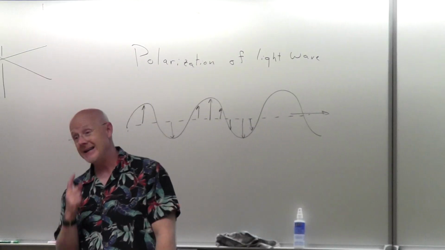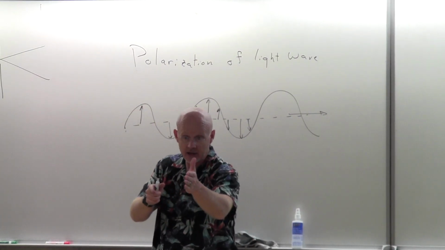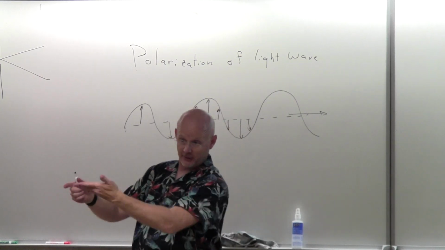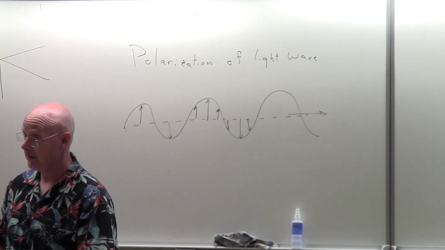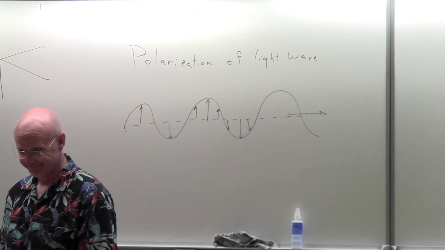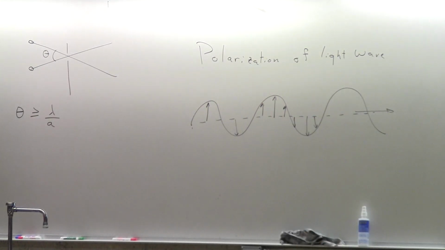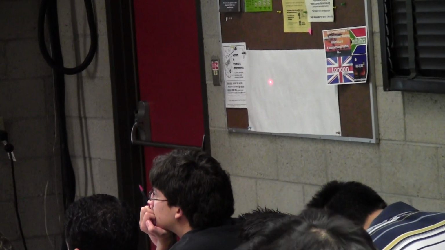Now, my eye doesn't recognize that, because if I were to send a light that is polarized this way, the electric field, I would call it horizontally polarized. And it would go to your eye, and guess what? You're going to see the same thing. In fact, believe it or not, that's what this laser was doing. You probably wouldn't even notice if I just shine the laser. This laser is built so that when the light comes out, the electric field is vertical.